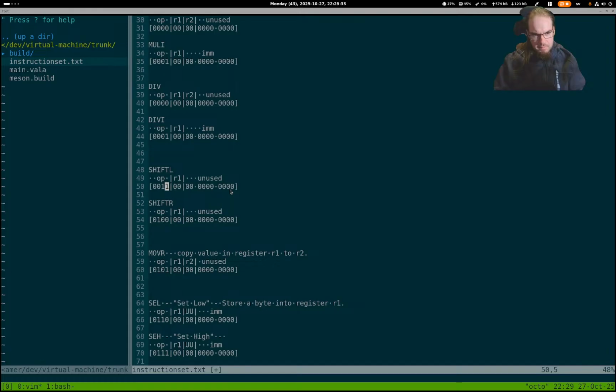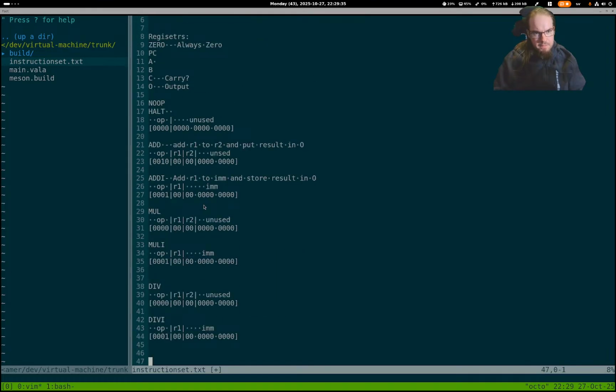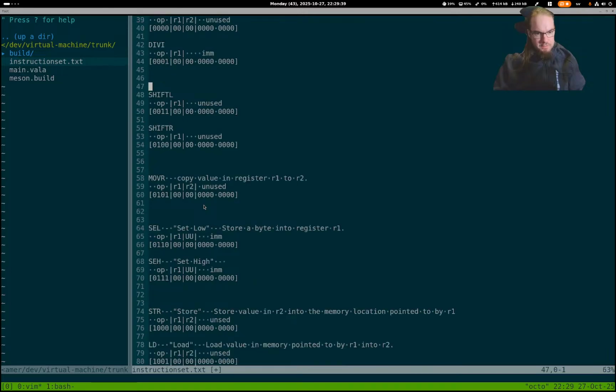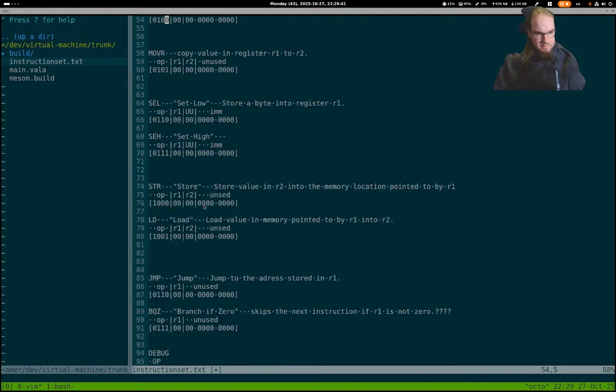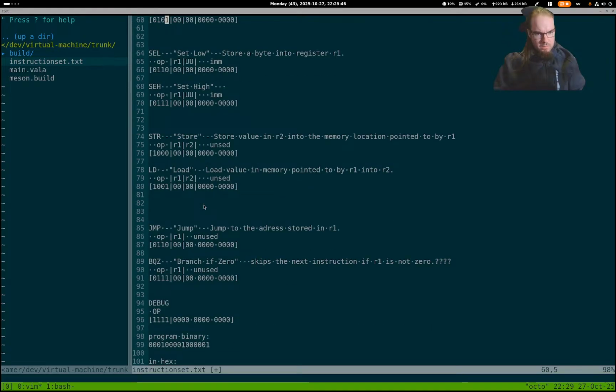They have to be something else. All the immediate instructions should be odd, I think.